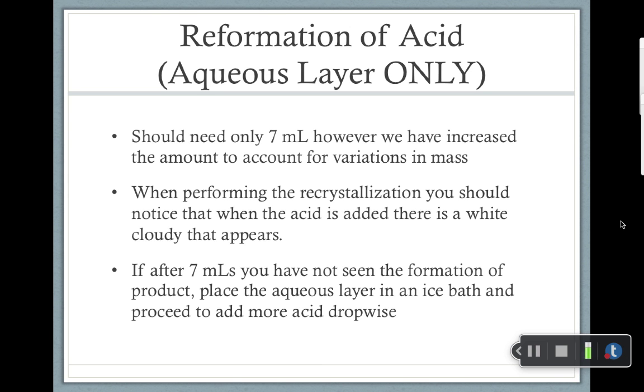If for some reason you notice that your acid is not reforming with 7 milliliters, that's when you can add a little more. I would also suggest that when you get to that 7 milliliters point, you put it in the ice bath and then proceed to add more. This will just encourage recrystallization to happen faster.